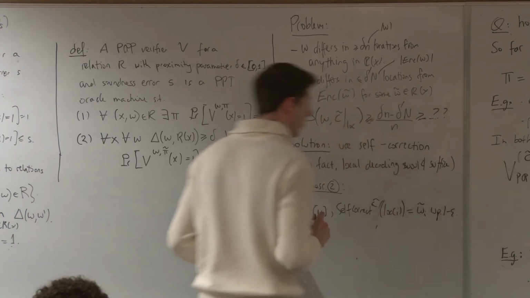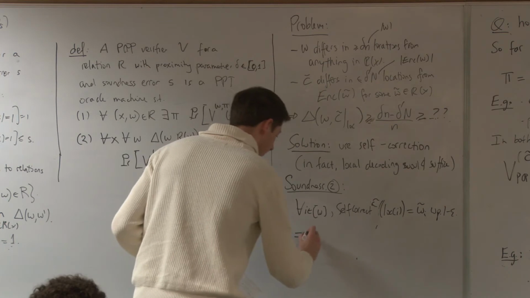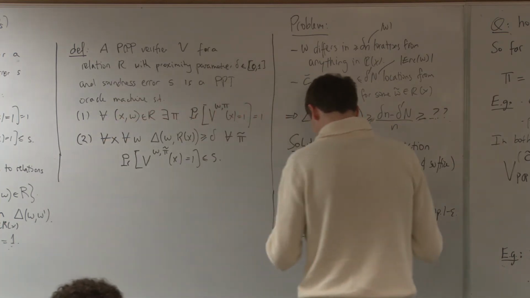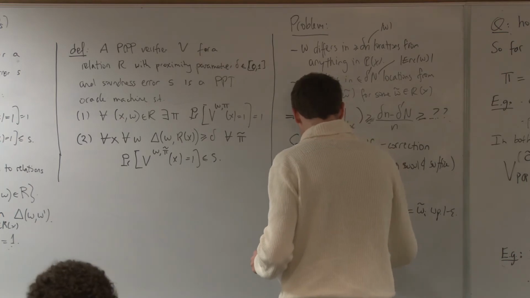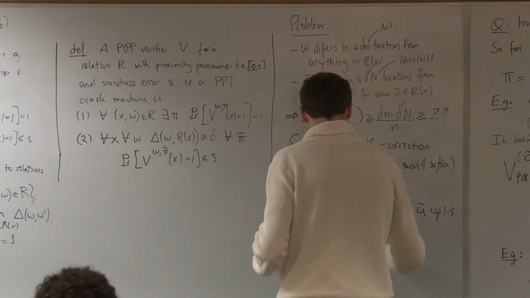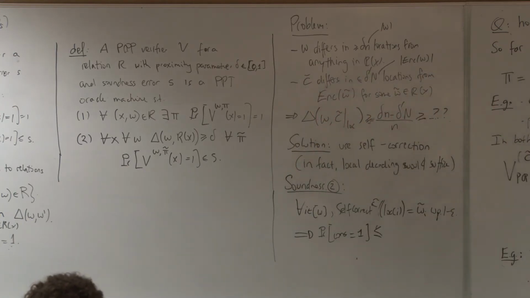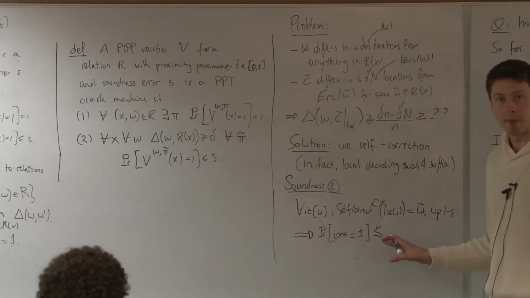Okay? Then, in this case, the probability that the consistency test equals 1 is at most what? So before we were saying that probability is at most 1 minus delta prime. And now we want to say that it is at most what?